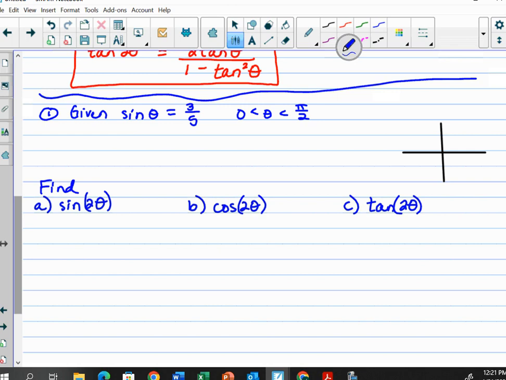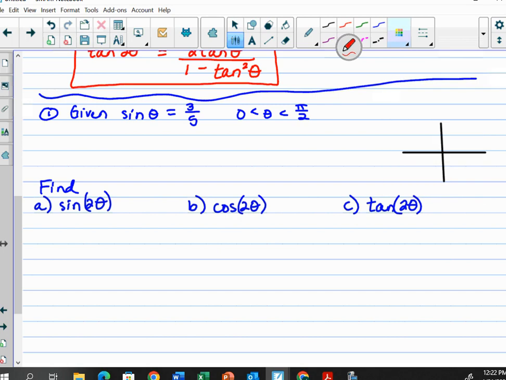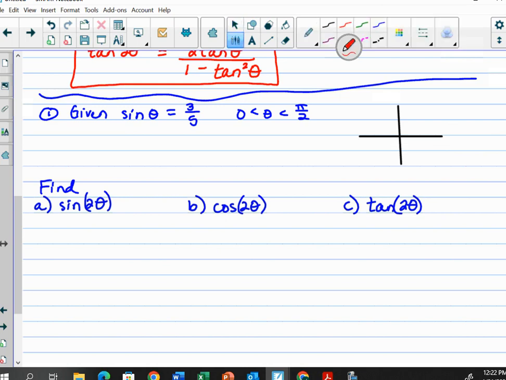We definitely need to draw a triangle here. So guys, what quadrant should I draw my triangle in?